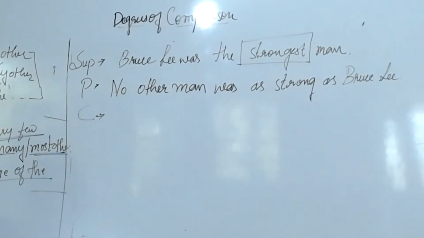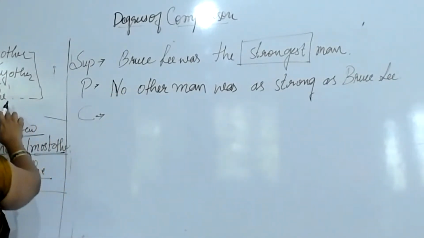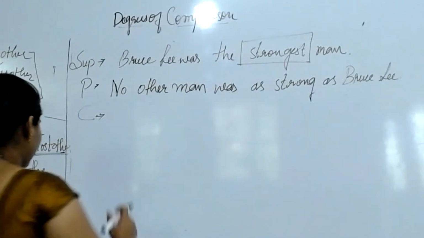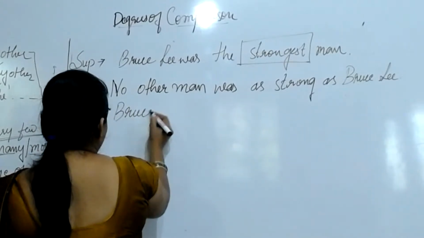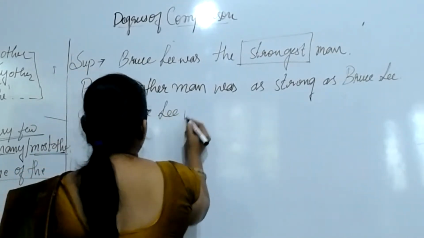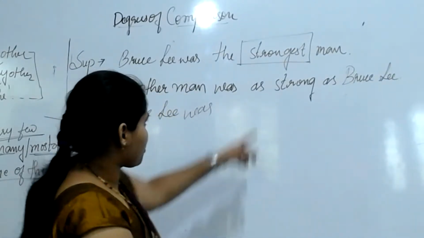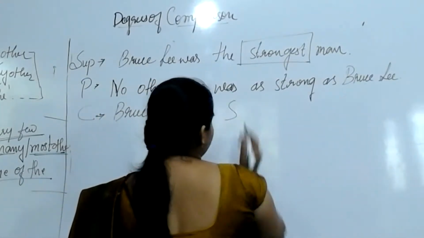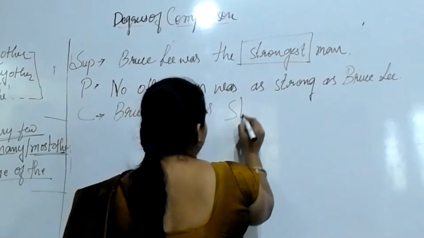Now the same thing, comparative degree. See, if the positive degree starts with no other, the comparative degree uses any other. So now Bruce Lee was stronger. See, strongest, strong, stronger. The comparative degree of this adjective is stronger.